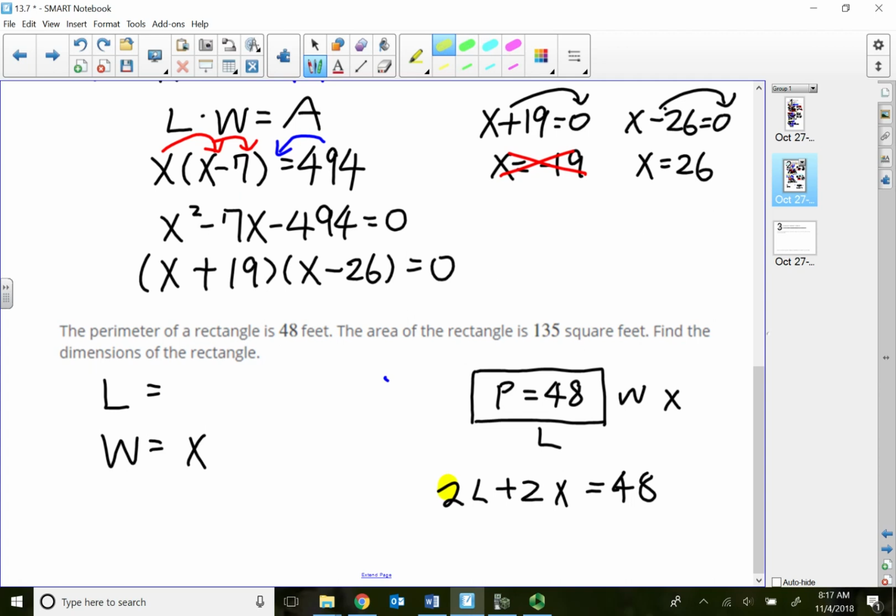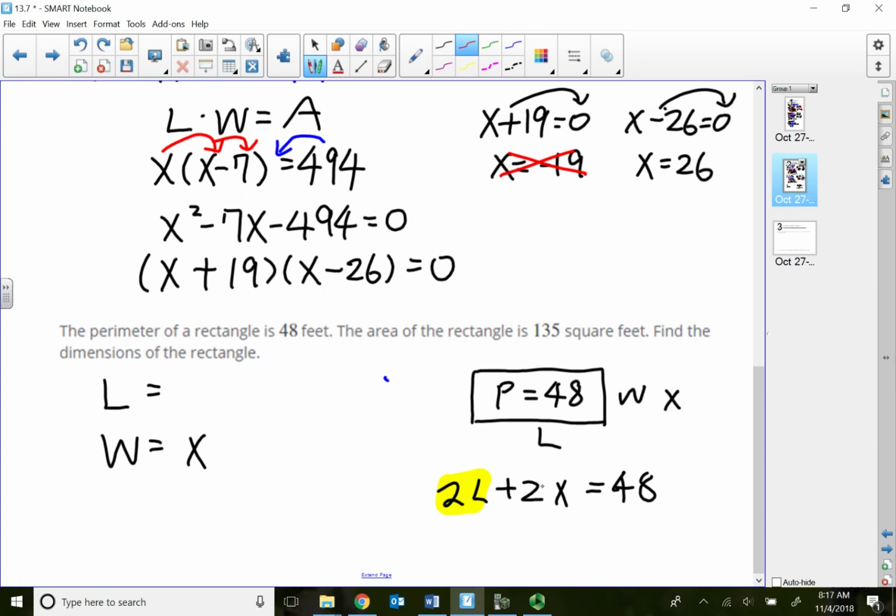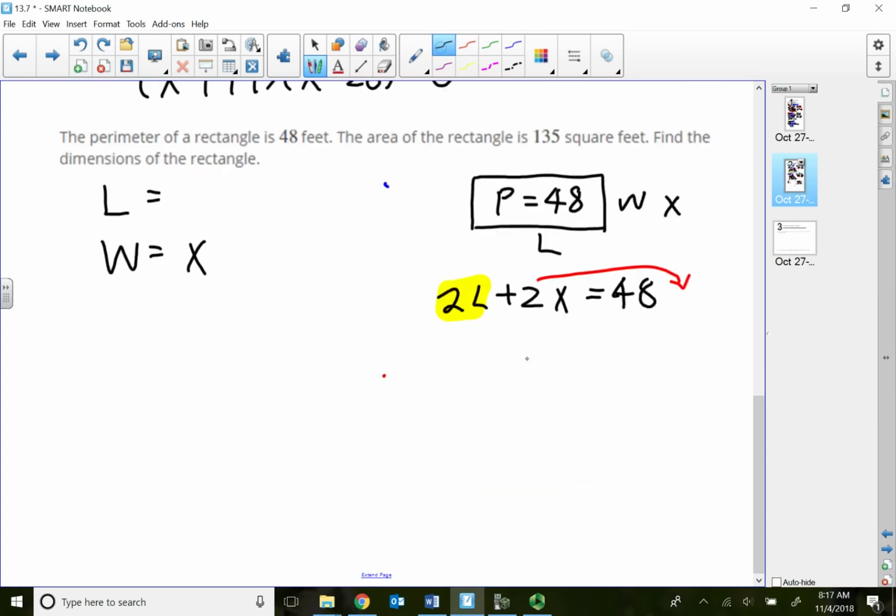So let's treat my 2L as the variable term. To get L by itself, I will need to move my positive 2x over first. So I will need to get my 2L equal to 48 minus 2x.